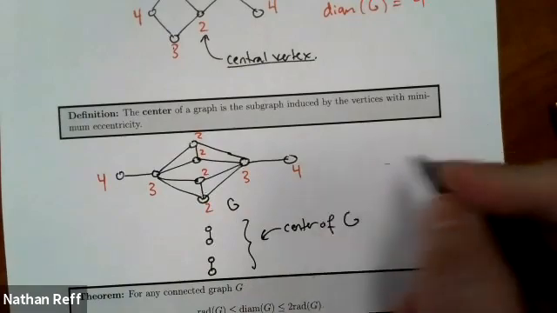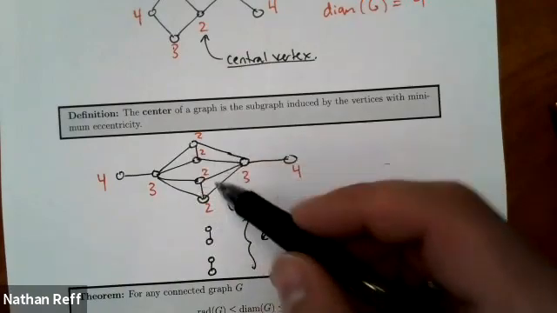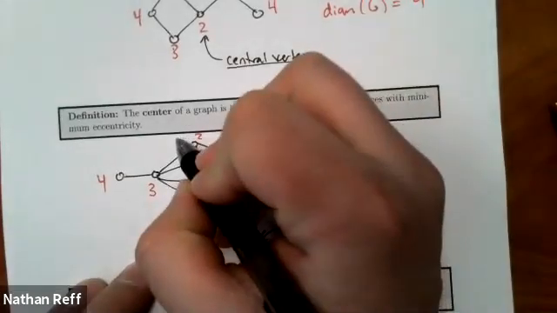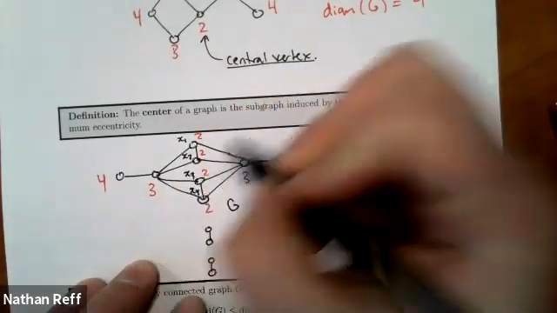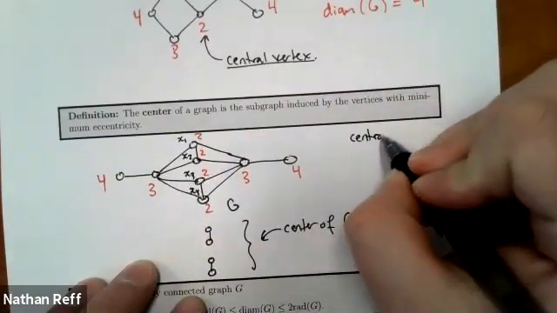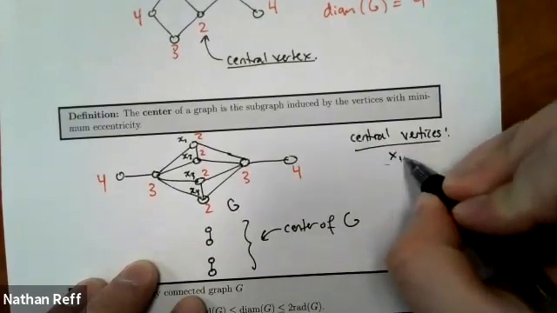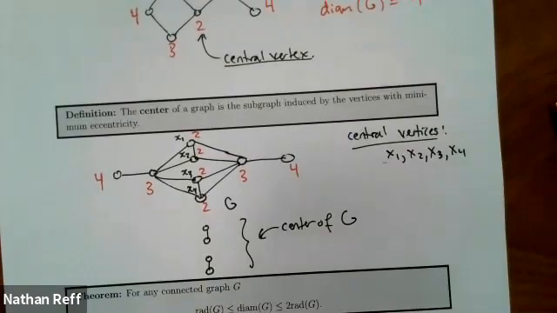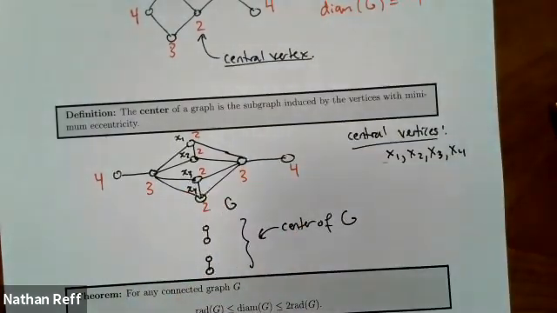Maybe say in red, that's the eccentricities. And then if you want to tell me what they are, you could label them X1, X2, X3, X4, and then say central vertices X1, X2, X3, X4. Or you could just draw an arrow to them. It depends on what you have to do in the problem.